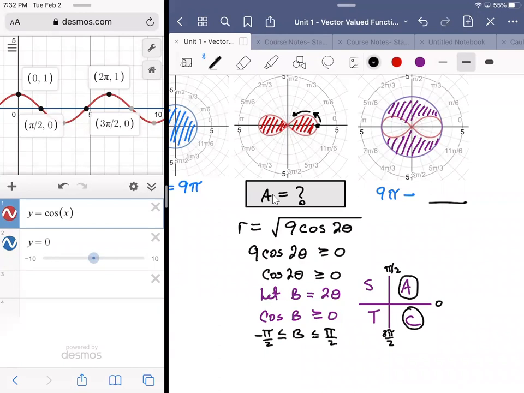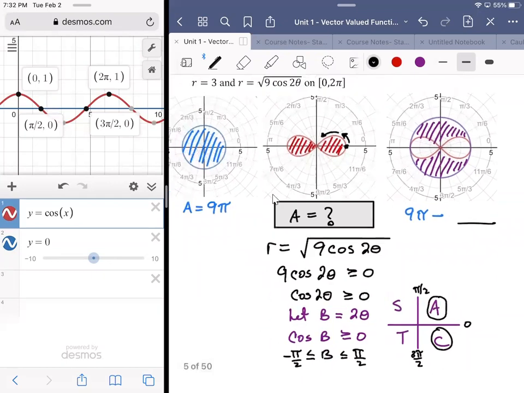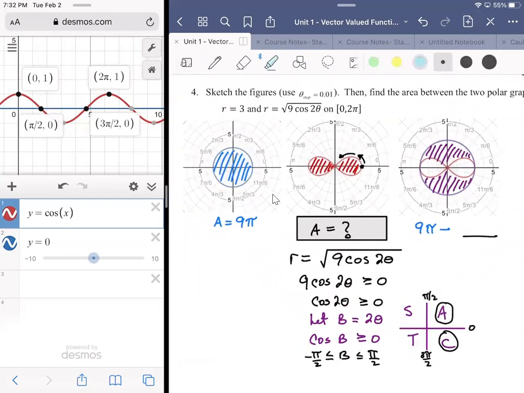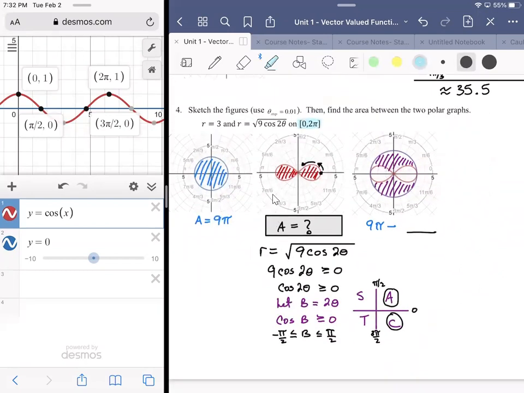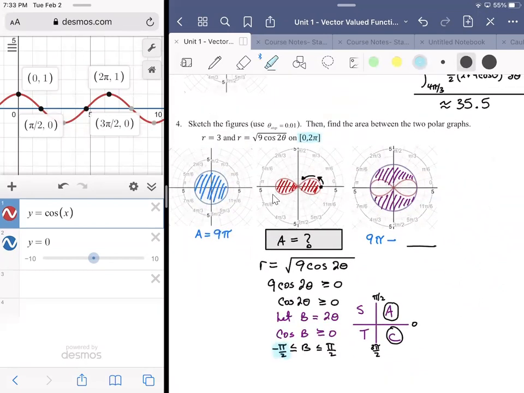However, two things that we need to keep in mind. One is that the overall domain of the function is going from 0 to 2 pi. So I would not consider the negative pi over 2. I change that to a 0 because I can't go lower than 0 for theta.